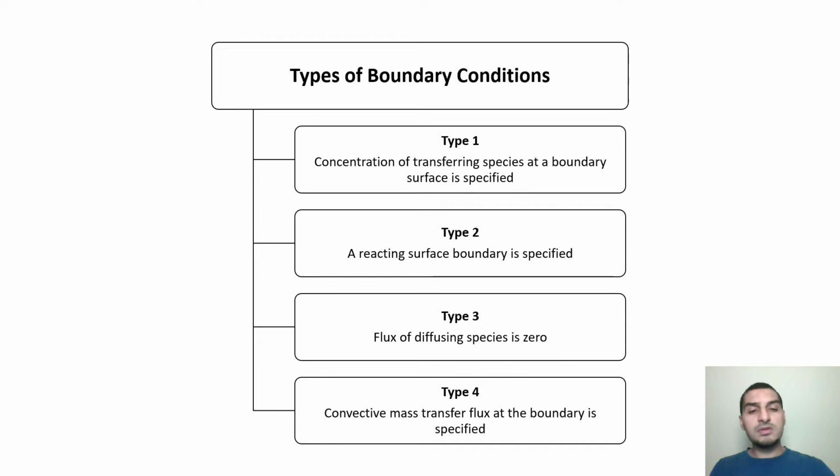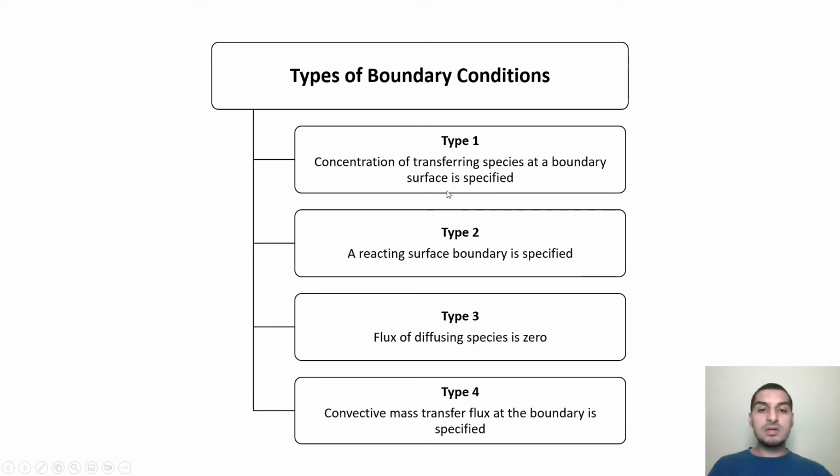At the beginning or the end of the diffusion, you know the concentration, you know the flux, you know anything that is useful information that you can use with the continuity equation after integration.